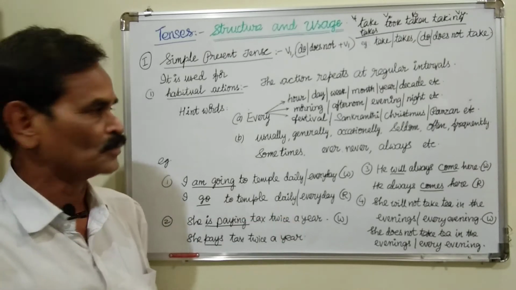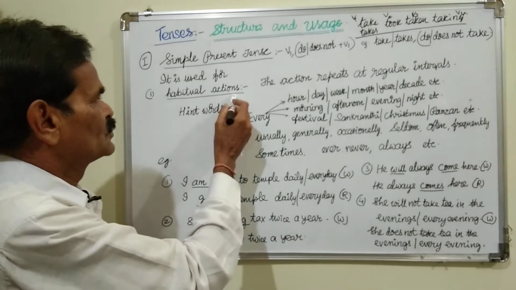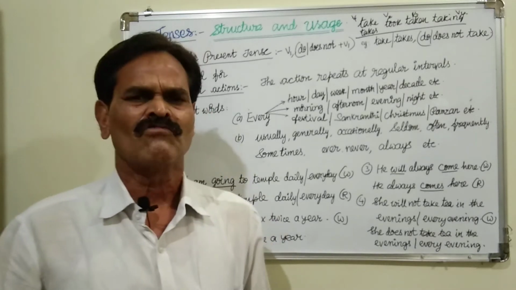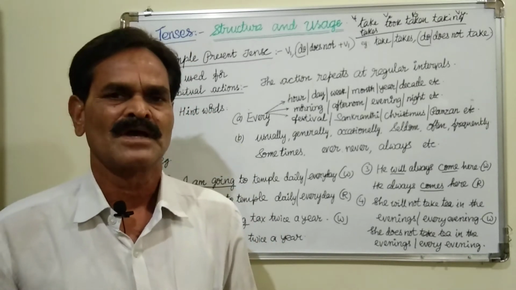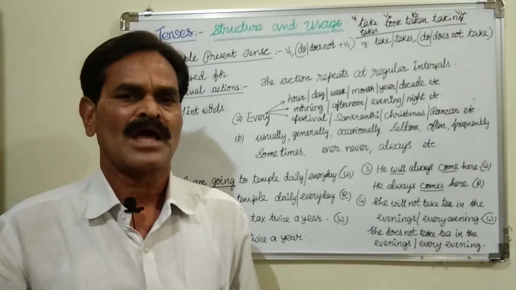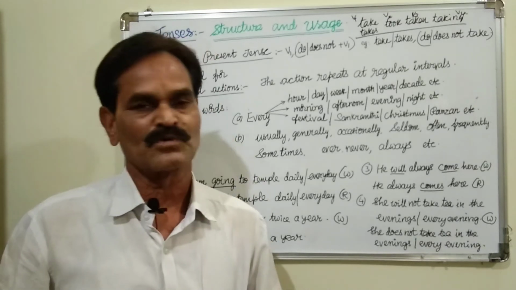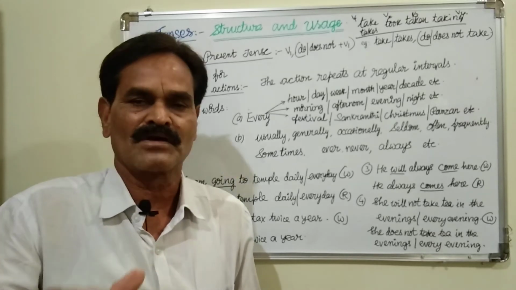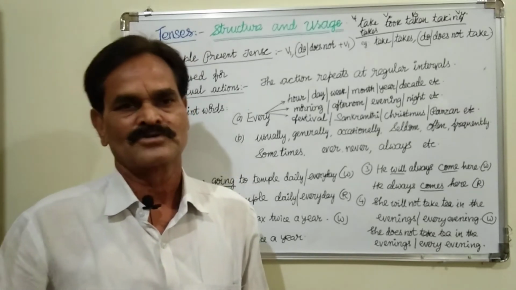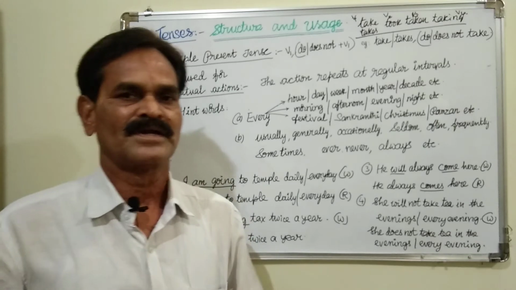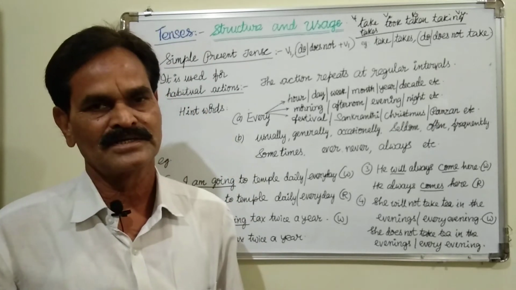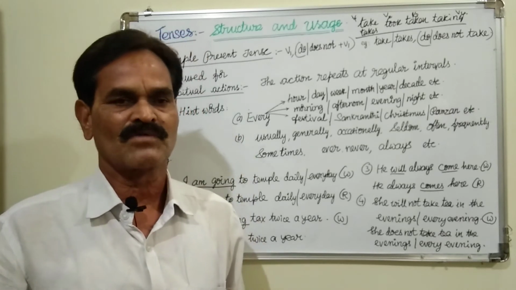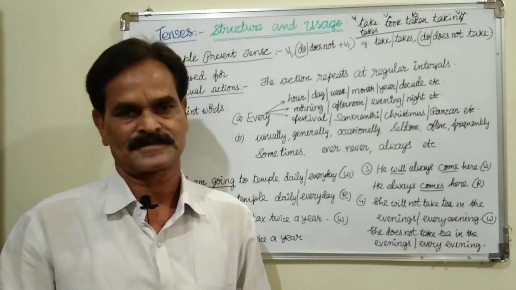Now, where is it used? First of all, it is used for habitual actions. What are habitual actions? Habitual actions are actions we repeat at regular intervals, regular time gaps. Suppose something happens daily, it will happen daily at the same time. Something happens weekly once, it will happen weekly once.